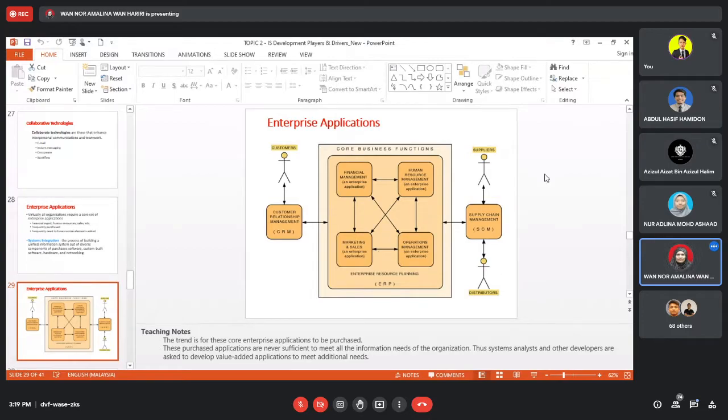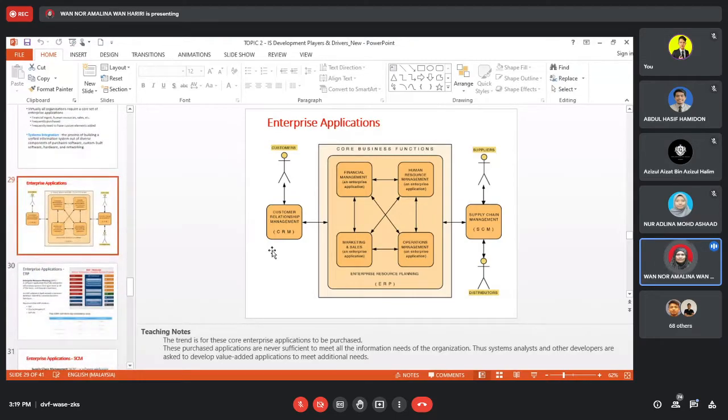This is the complete one. Tapi kalau ERP bukan kata tak complete. This is we are talking about the internal to the organization. Yang ni CRM and SCM is external to the organization. Saya tak elaborate on this because you have learned in ISP 500. Buka balik nota tu.